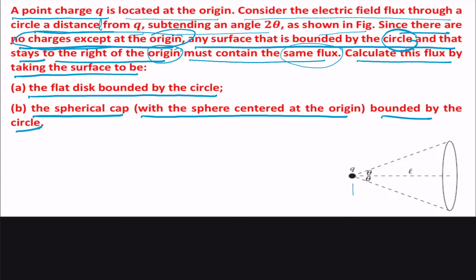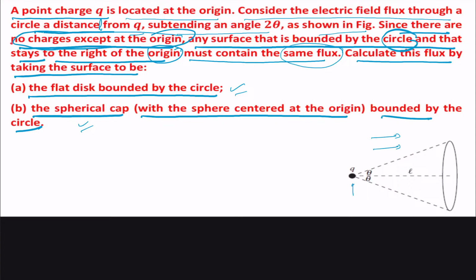So this is a charge, and both the surfaces are lying to the right of it. So in both cases the value of the flux will be the same. And we can solve this same question by using the solid angle as well as the more traditional way. So let us start with the more traditional way, then we can come back to the solid angle.